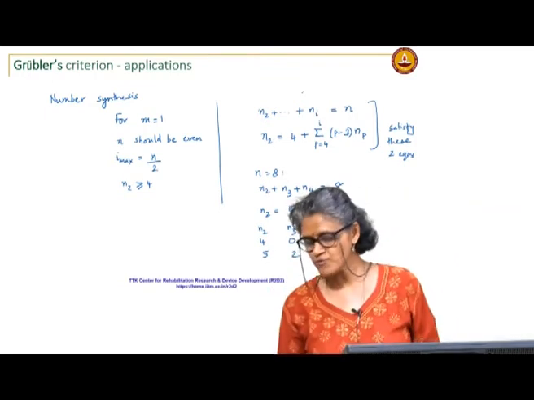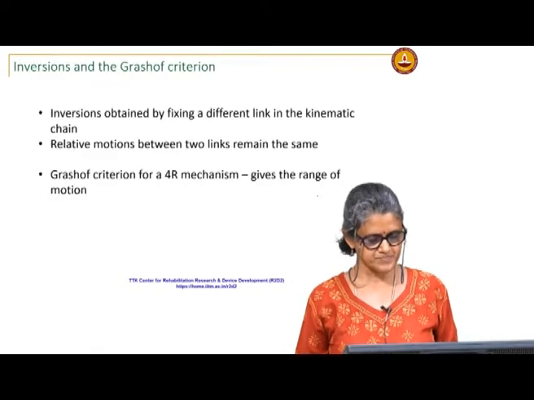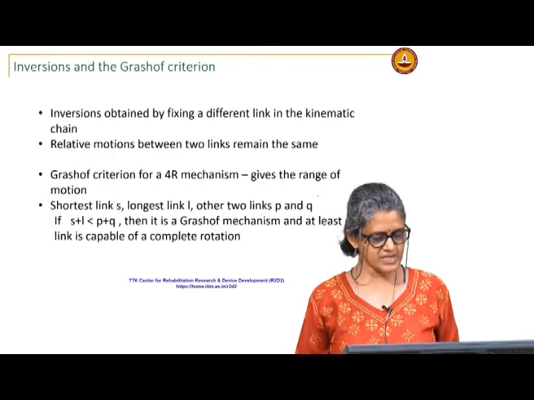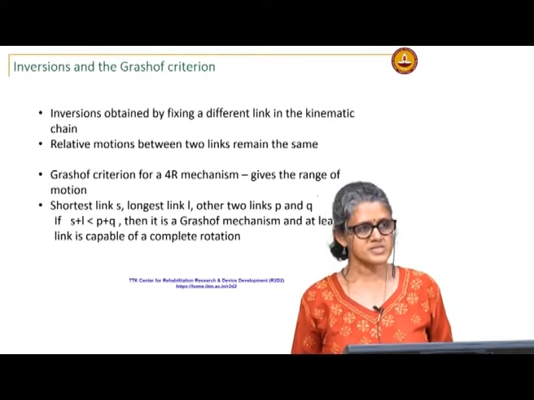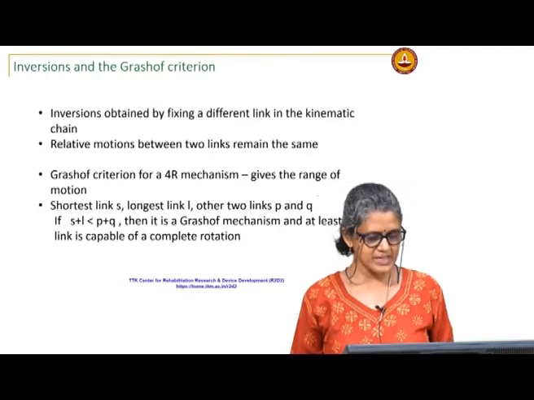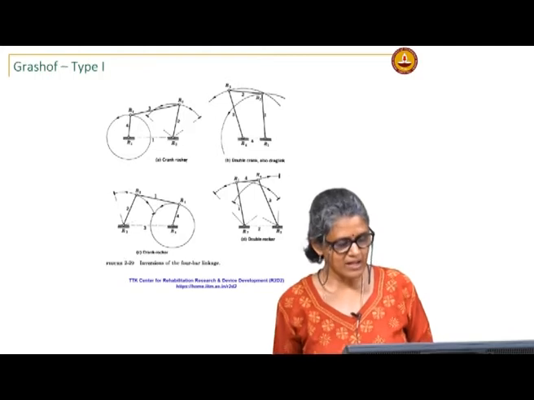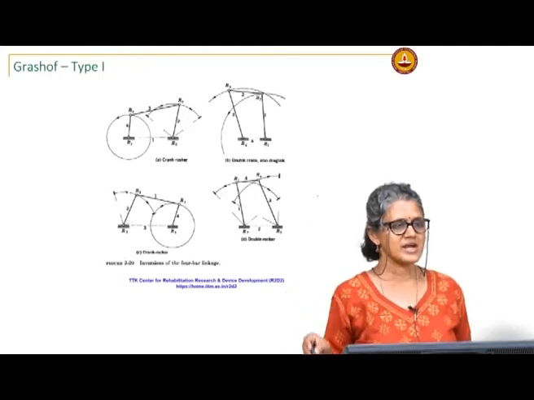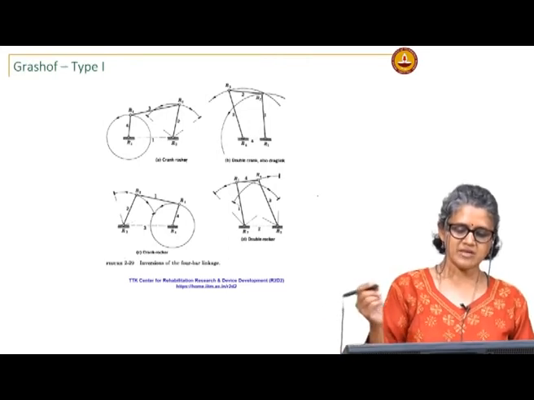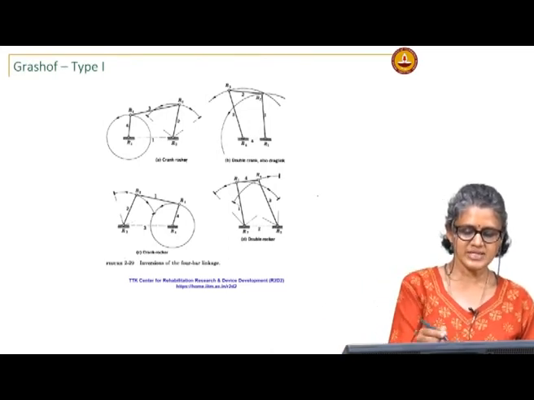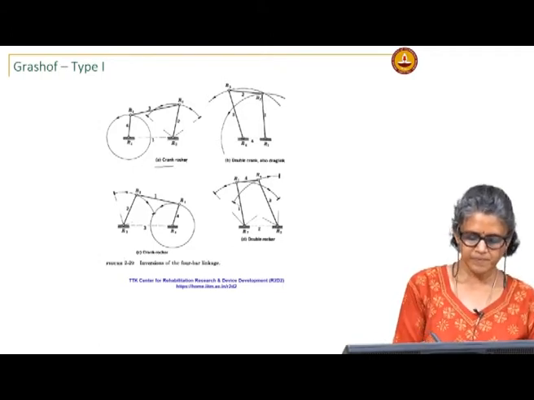Then we moved on to looking at inversions and the Grashof's criterion. If S plus L, the shortest plus the longest link, is less than P plus Q, then you have the Grashof or Grashof type 1 linkage, where if the link next to the shortest link is fixed, then you get a crank rocker.